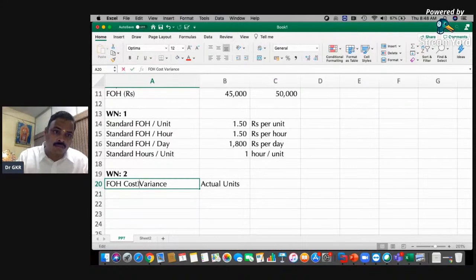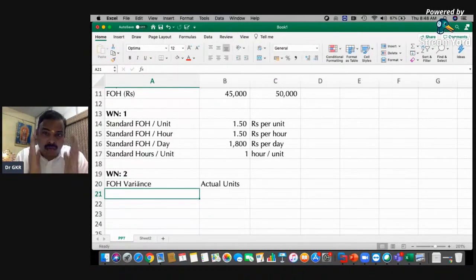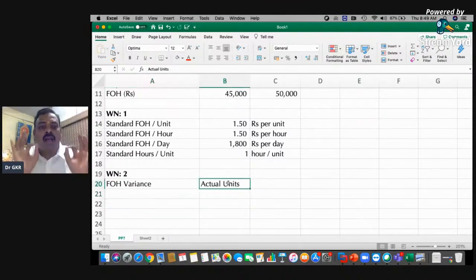This is fixed overhead variance, and you are going to analyze it by dividing it into various parts. The analysis is next, and it is always with respect to actual units, whether it is fixed overhead variance, variable overhead variance, material cost variance or labor cost variance.